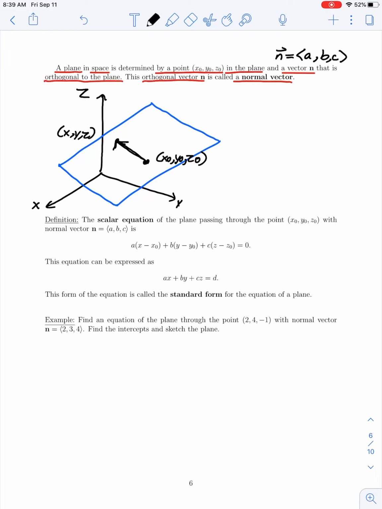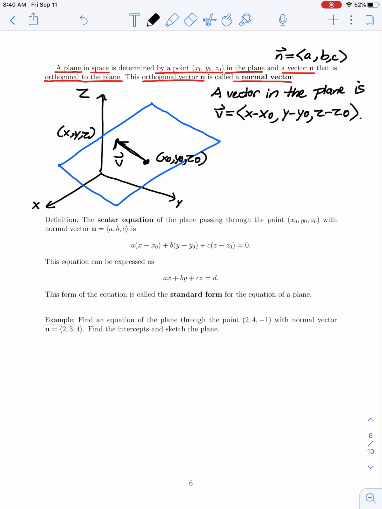Let me call that vector v. It lies entirely in the plane, with its initial point at x0, y0, z0 and its terminal point at some arbitrary point x, y, z in the plane. The components of that vector would be x minus x0, y minus y0, and z minus z0.